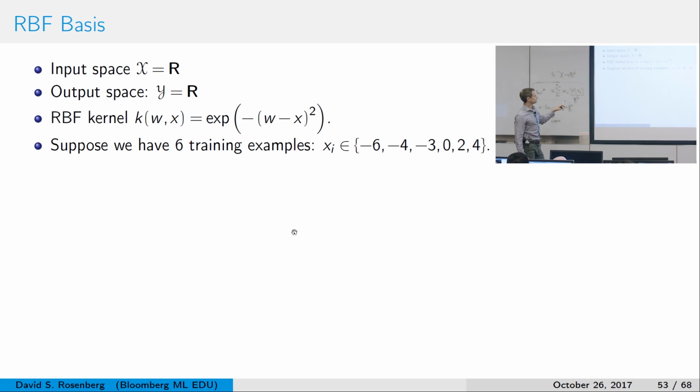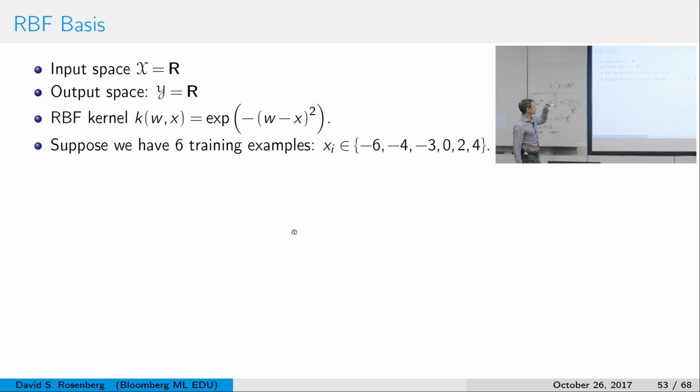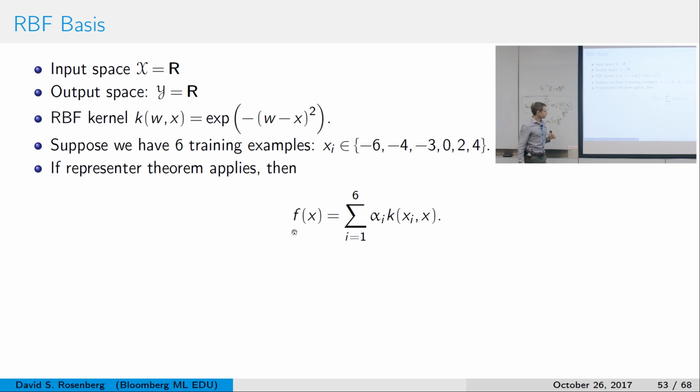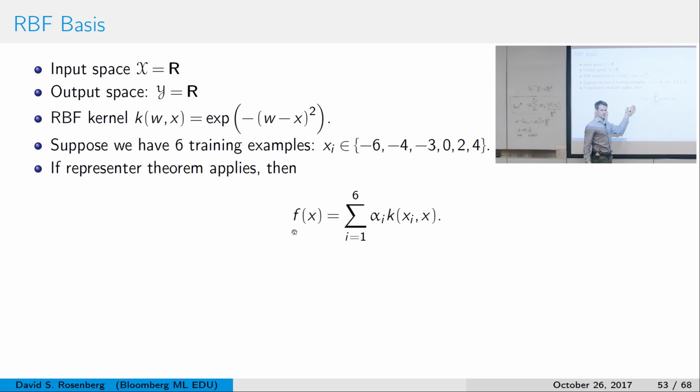We talked about this already. Here I fixed a sigma equal to 1. Let's suppose we have 6 training examples. By the representer theorem, we know that the prediction function, that's the solution, will look like this.